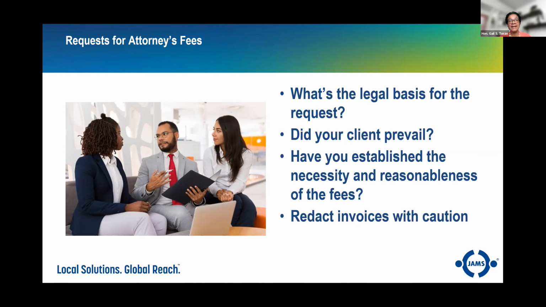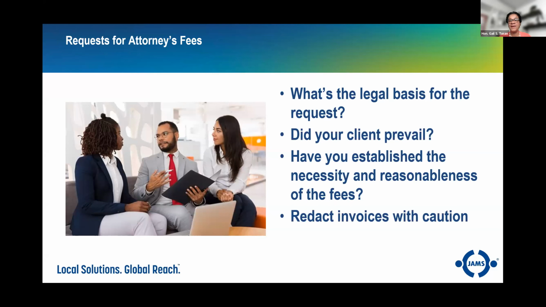But typically, if the agreement says that if one prevails on a particular issue, the party can seek fees, then even if the party didn't prevail on everything that the party perhaps requested, if in fact the party prevailed, then that party is entitled to request attorney's fees.